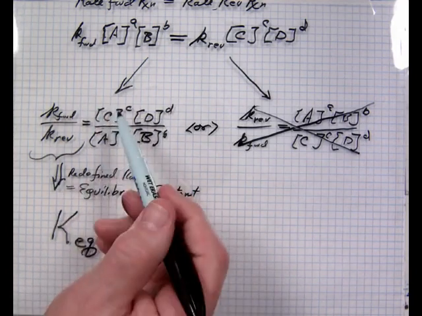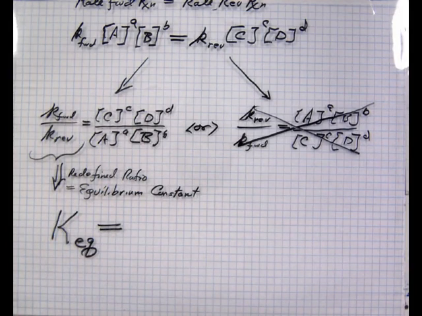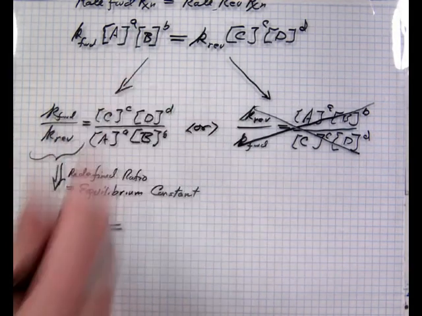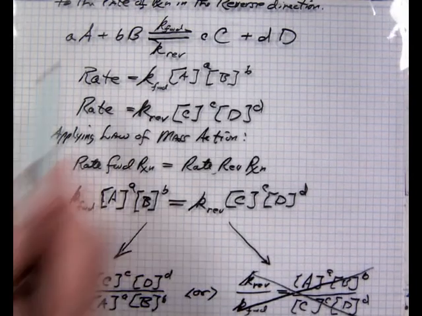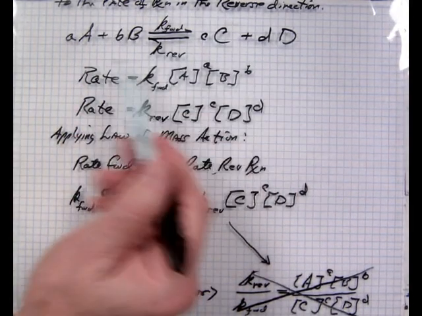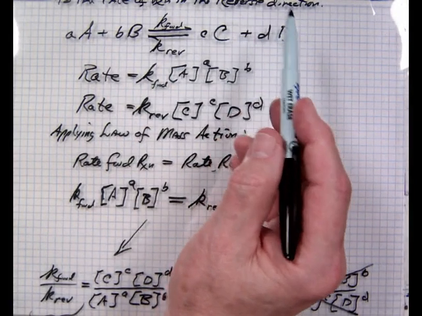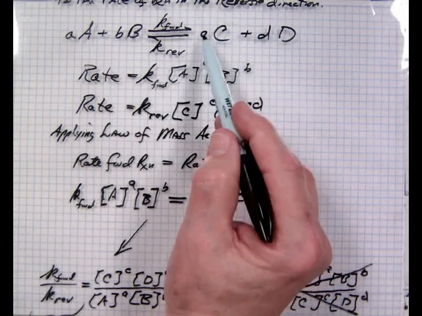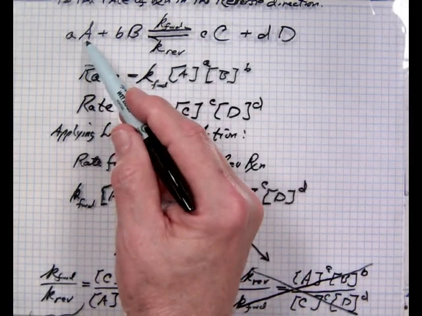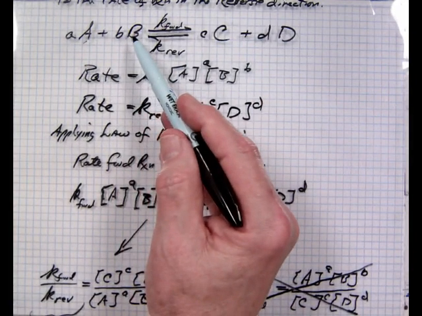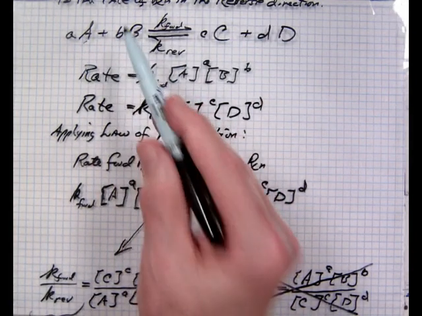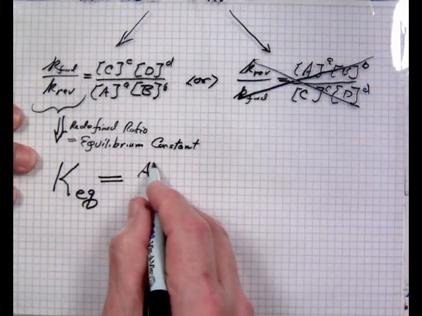So in this consideration for our hypothetical first reaction, we want the equilibrium constant for this reaction. We'd write the concentration of C times the concentration of D raised to the C and D power divided by the concentration of A times the concentration of B raised to the A and B power. And it would look like this.